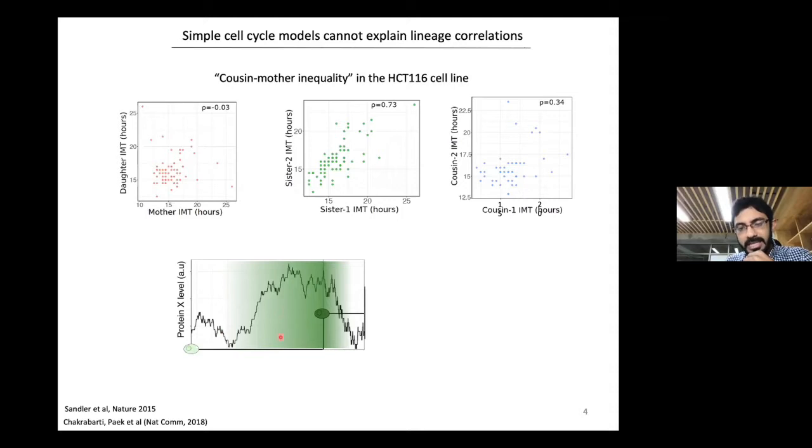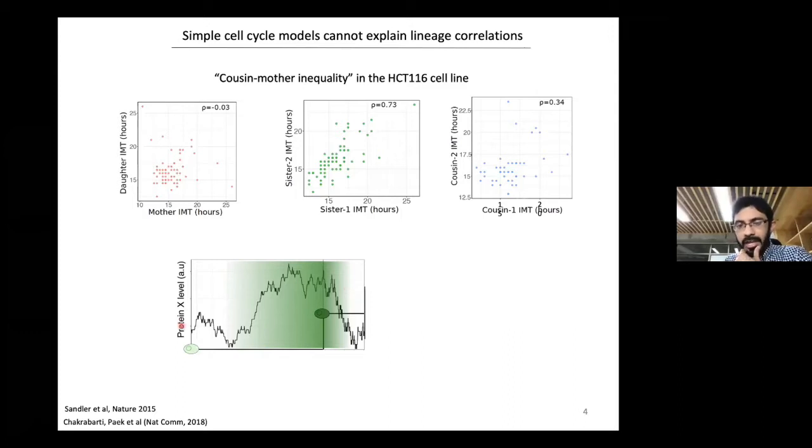So when this cell now divides, the daughter is given, so basically these high levels of that protein or the ratios of different proteins are transmitted to the daughter cell. And because this daughter cell is born with high amounts of this protein, it survives for a shorter time because it has higher cyclin-dependent kinases and so on. So it cycles faster through the cell cycle. So that's roughly the current understanding of how cell cycle is controlled.